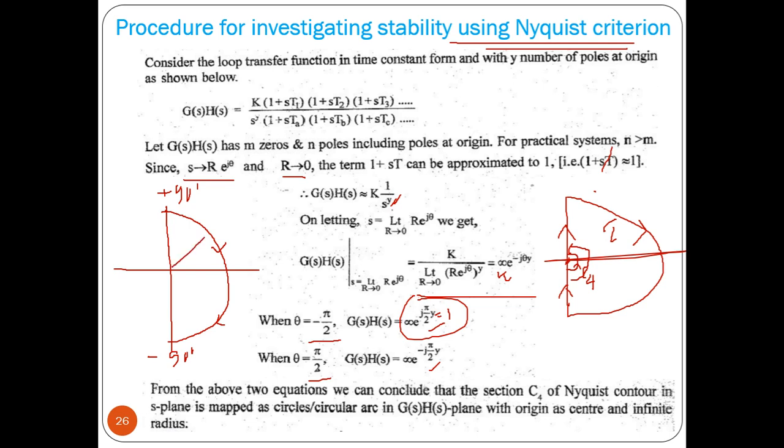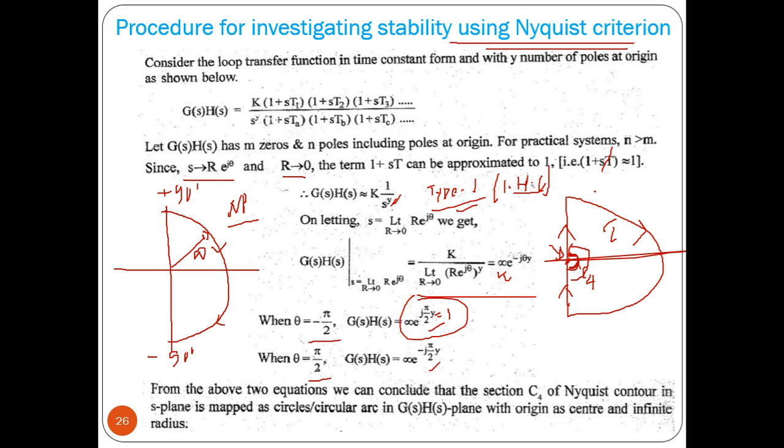Due to this small radius in the Nyquist contour, in the Nyquist plot we will get an infinite radius from plus 90 to minus 90 if y equals 1. That means if the system is type 1, we will have one half circle.